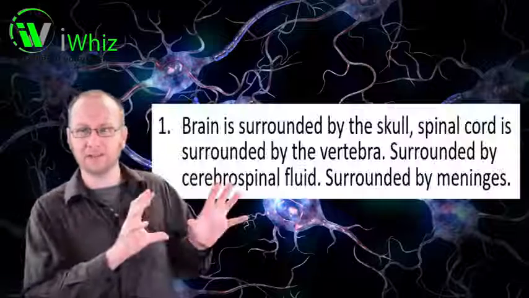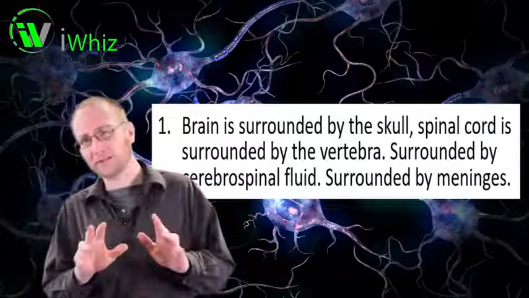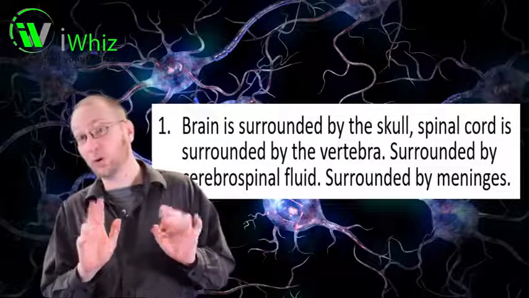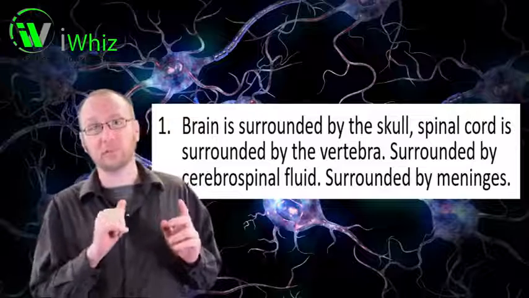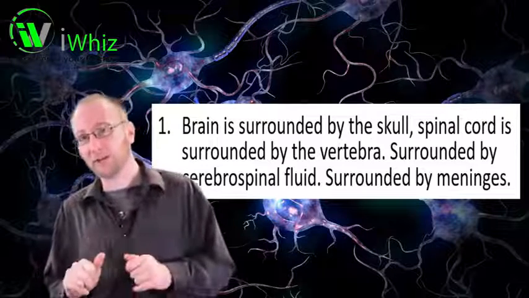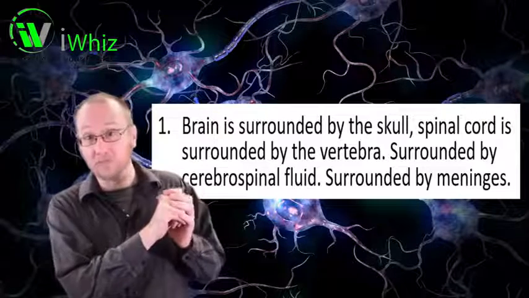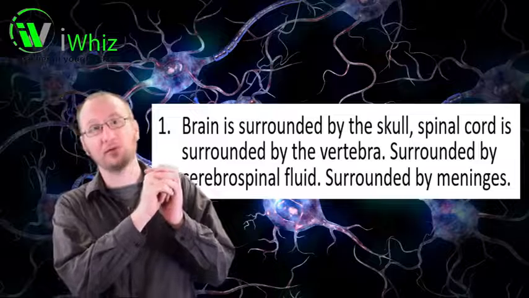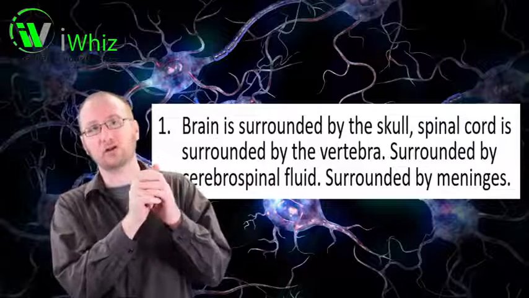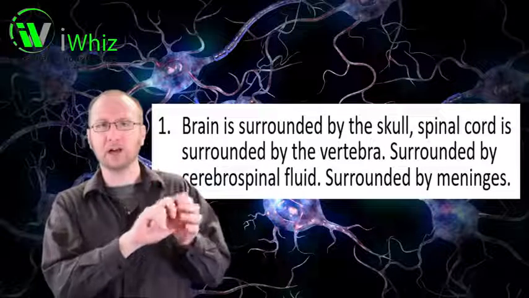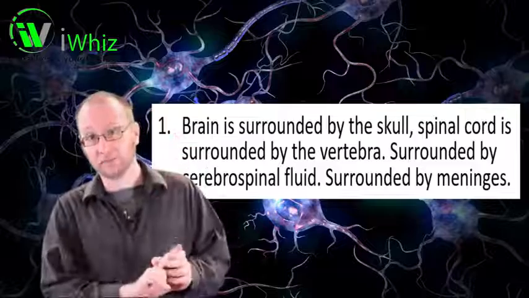Okay, so the first adaptation, you could have said the brain and spinal cord rather, are surrounded by a system of membranes known as the meninges. And the meninges is made up of 3 layers, which is the dura mater, the arachnoid, and the pia mater.